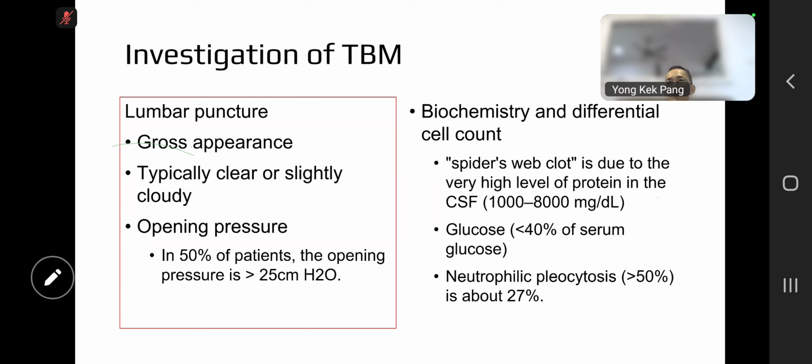You actually look for this so-called spider's web clot. It's due to the very high level of protein inside the CSF. And glucose is typically low. And you can also see the neutrophilic pleocytosis in about 27% of the patients.